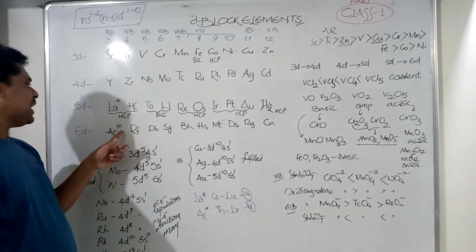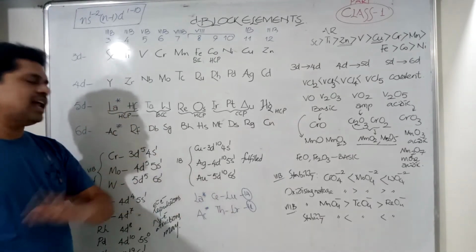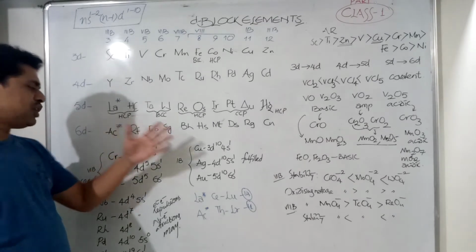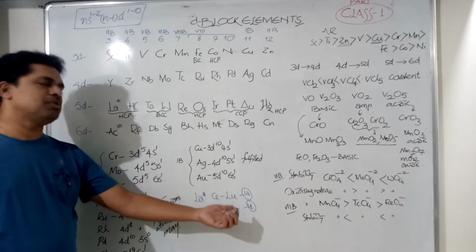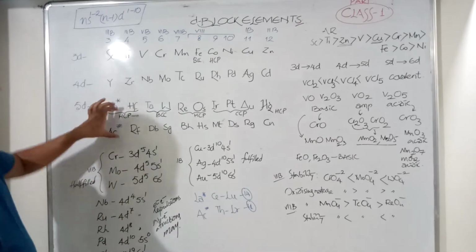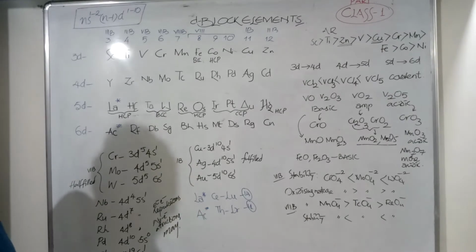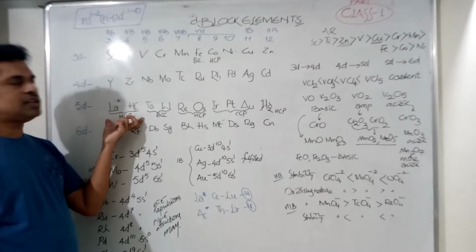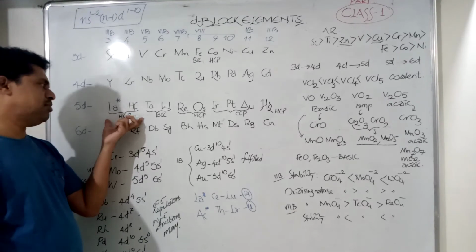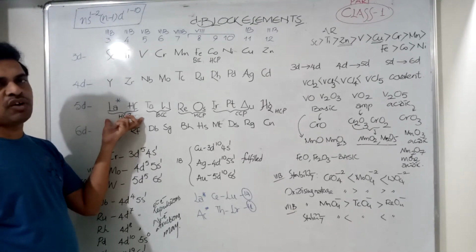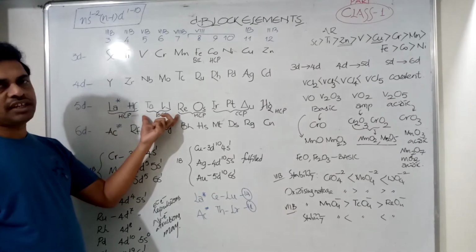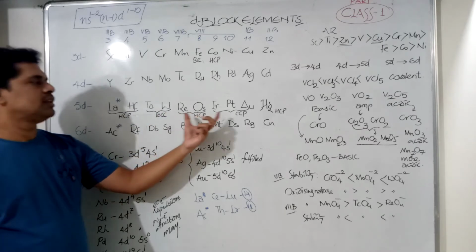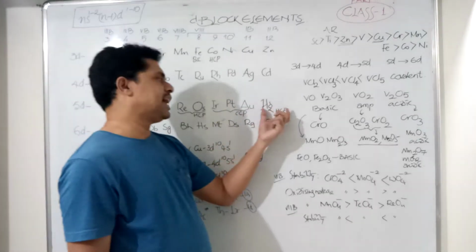After lanthanum there are 14 lanthanoid elements, cerium to lutetium, and after actinium there are 14 actinoid elements, thorium to lawrencium. They are present here. And you see the metal crystal structures: HCP, hexagonal close packing, BCC, HCP again, CCP, and again HCP.